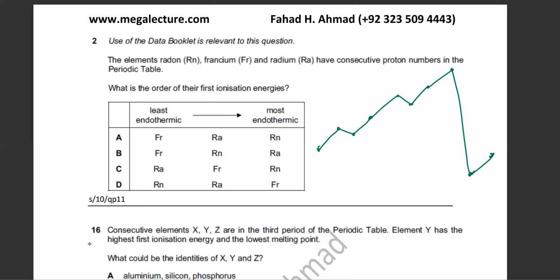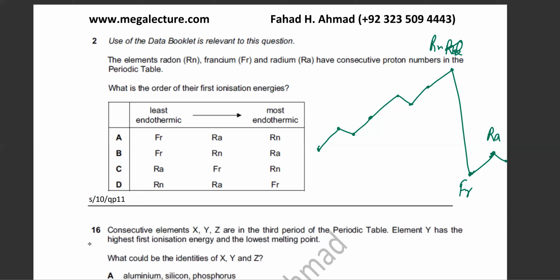The whole thing repeats after this. Radon is over here. Radon is a noble gas, Rn. And then you have francium, which is group 1, and then radium, which is group 2. After group 2, there's going to be a dip and so on. The whole thing continues.